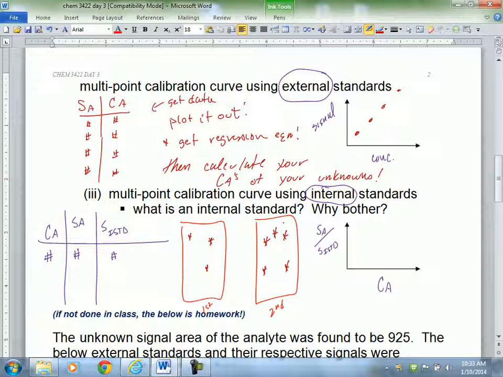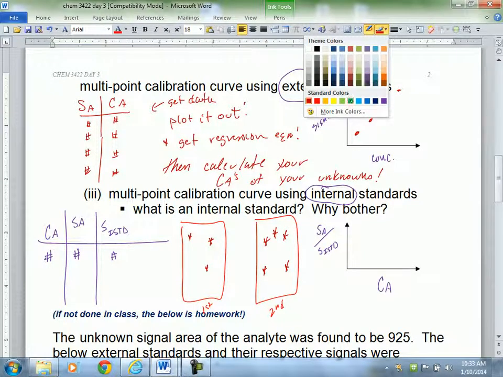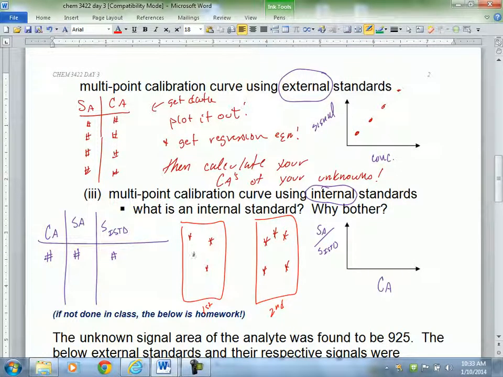So what do you do? You throw in an internal standard, some compound that reacts very similarly to your analyte. So my little stars are my analyte, and let's make little dots for the internal standard. Make them green. So this internal standard is put in the solution.